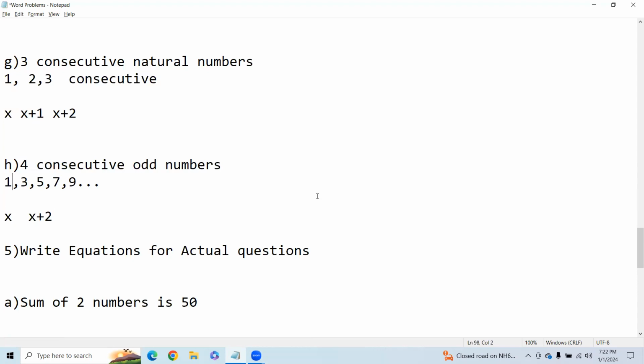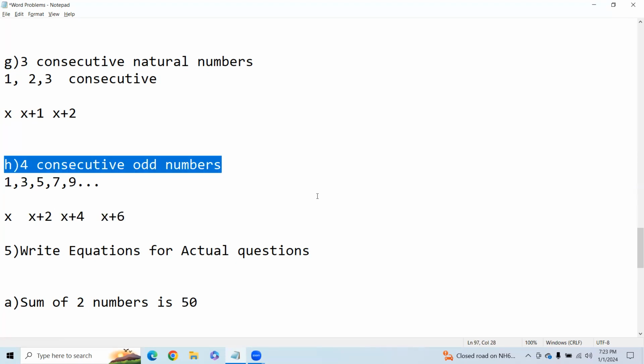In 1, how much you add so that you get 5? X plus 4. How much you add in 1 so that you get 7? 6. X plus 6. So if someone asks you 4 consecutive odd numbers, you will get the answer as X, X plus 2, X plus 4, X plus 6.